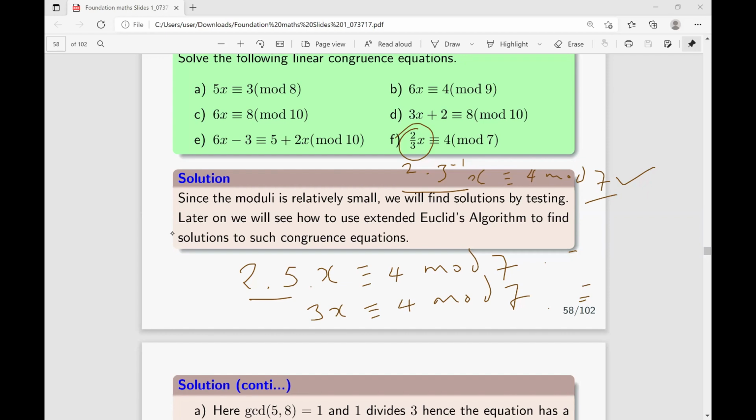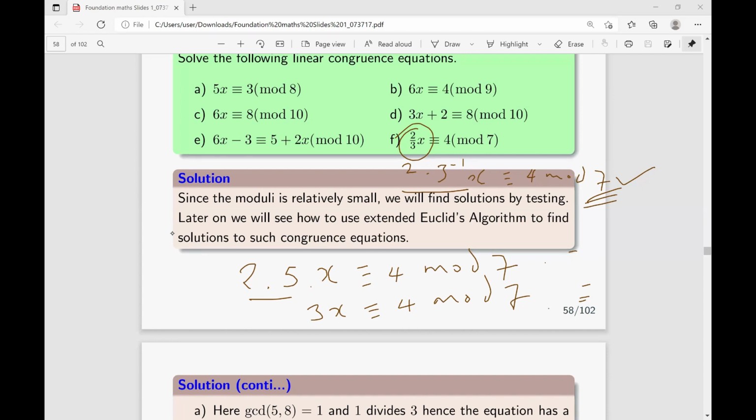Because the inverse of A is B if A times B gives you 1. So we are asking ourselves which number multiplied by 3 gives us 1, and that number is the inverse. The modulus is small, so we just try 0, try 1, try 2, and so on. And when we tried, we found 5 to be the inverse of 3.